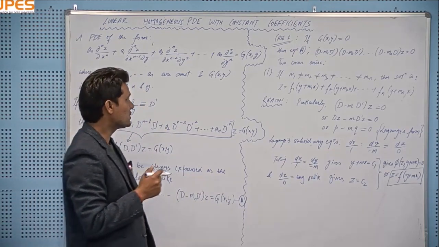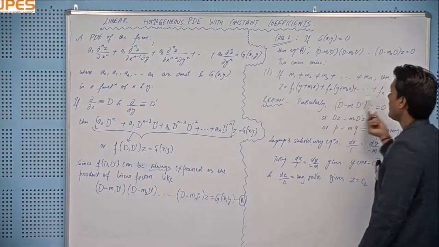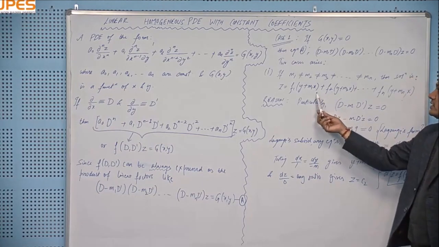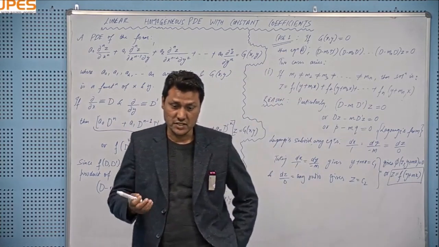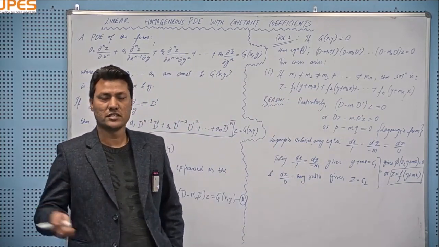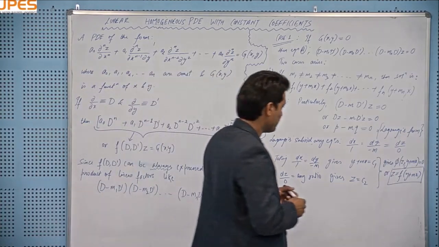So this is just the linear combination of all solutions, first solution, second solution, and so on, and then you add them to get the full solution. This is why we call it a linear PDE. This is a basic characteristic of a linear differential equation, whether it is ordinary or partial.